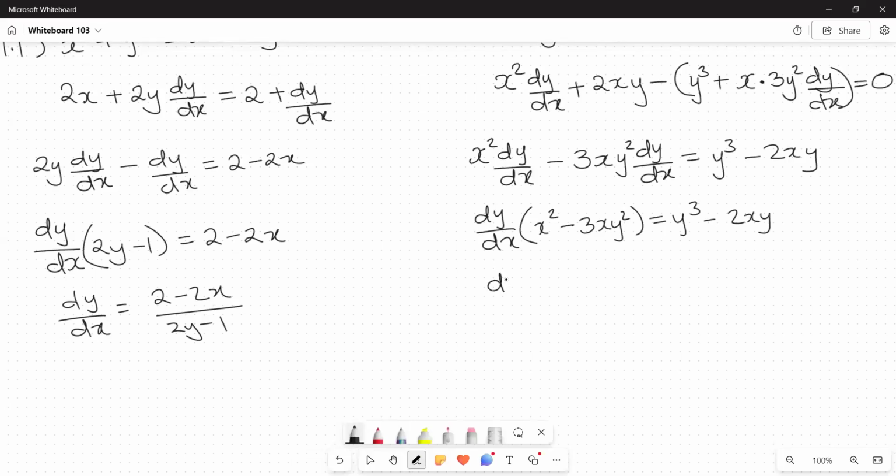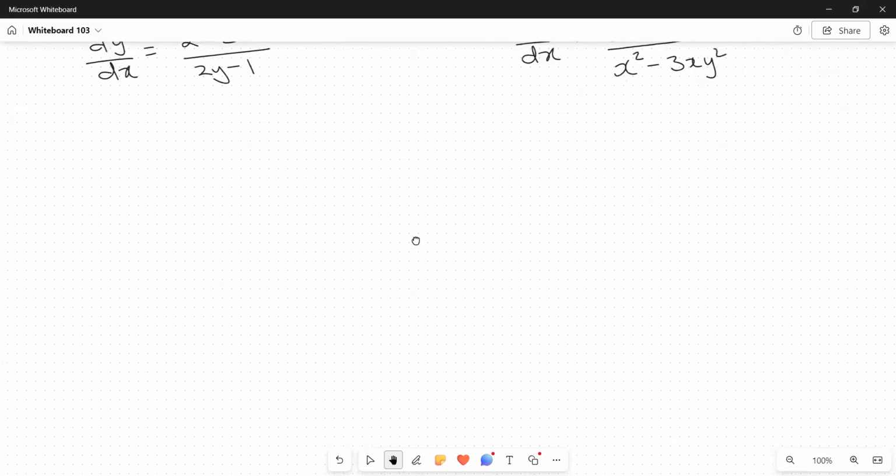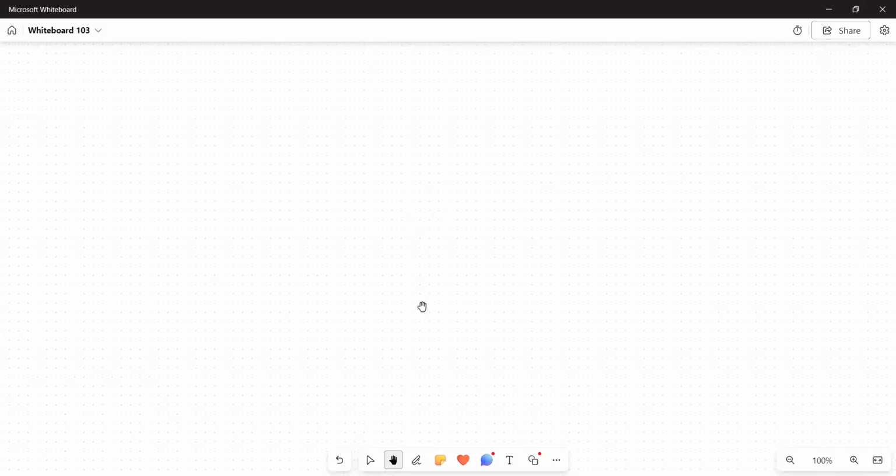Then we have dy/dx. This is equal to y cubed minus 2xy. We divide by x squared minus 3xy squared. Right, 1.3.